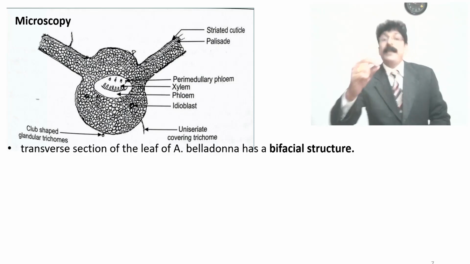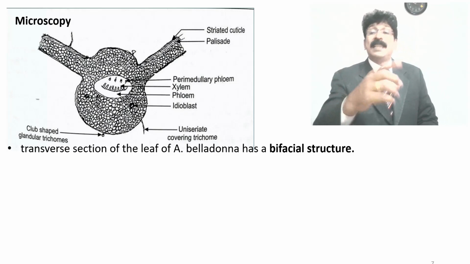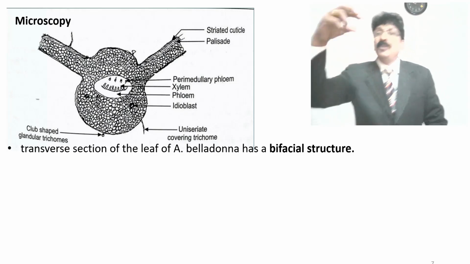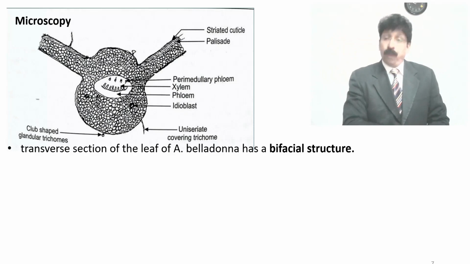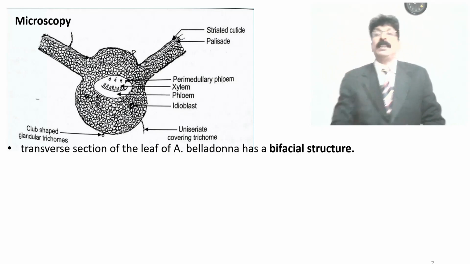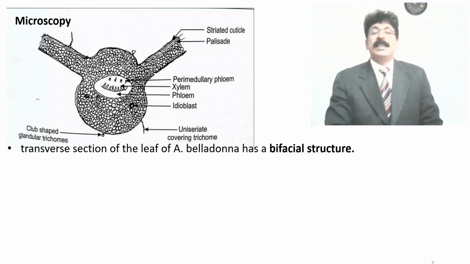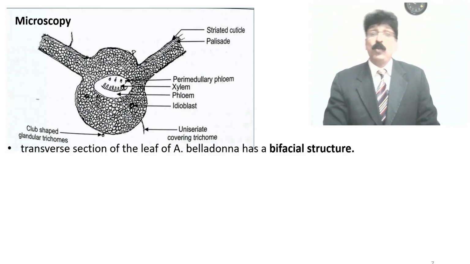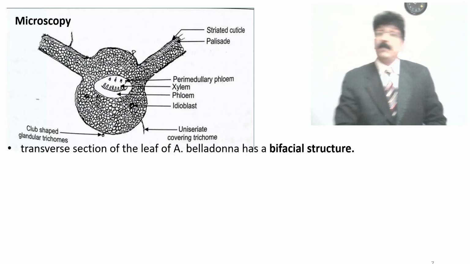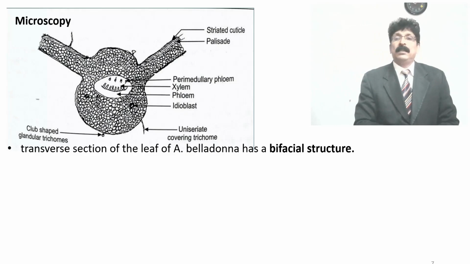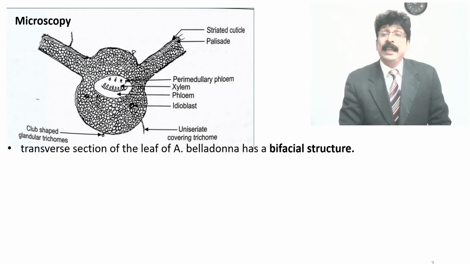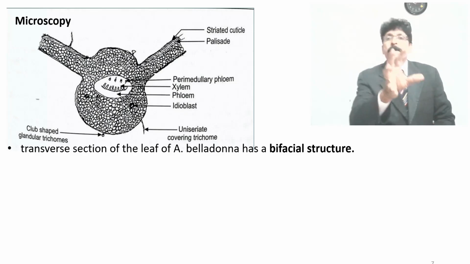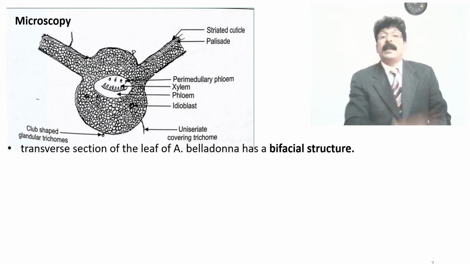Pre-medullary phloem can be seen and xylem, which we have seen in Datura stramonium, the same structure. Phloem and xylem together in the midrib region we call a vascular bundle most of the time. Even in the mesophyll area, sometimes vascular strands can also be seen. Idioblast cells can be seen in the cortex area of the midrib region.